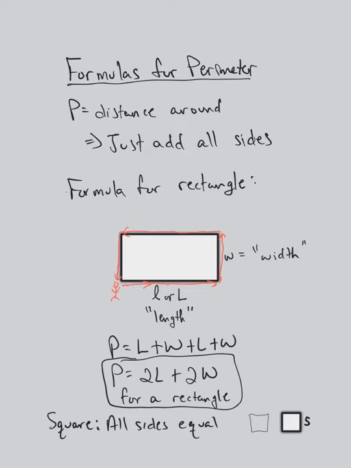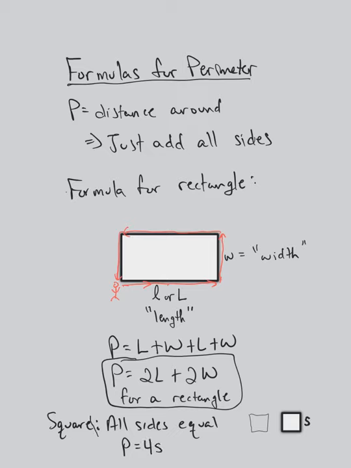Well, think about that. Whenever I went to compute the perimeter by this basic notion of walking around the edges, I would just have S plus S plus S plus S. And so in the special case of a square, we can simplify that formula and say that the perimeter is equal to 4S, like that.